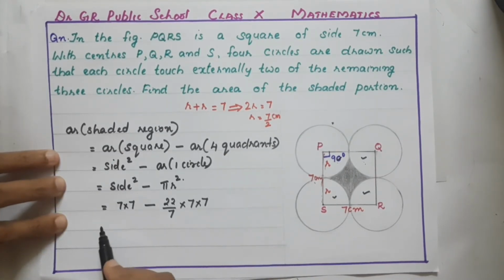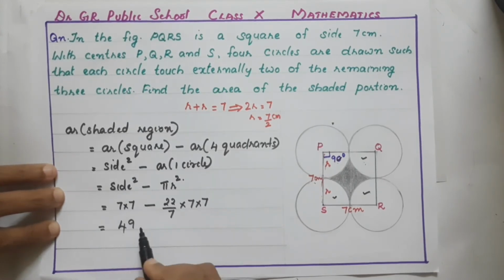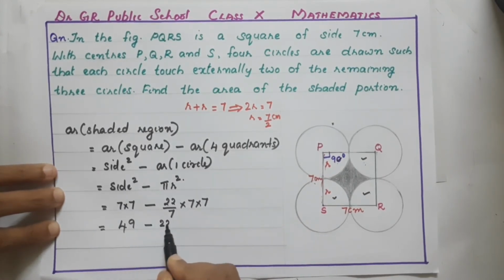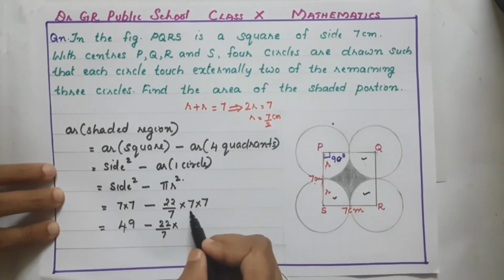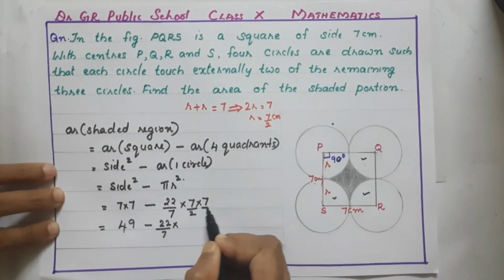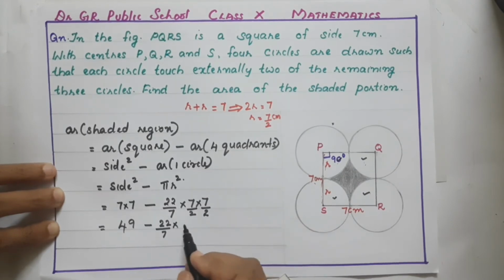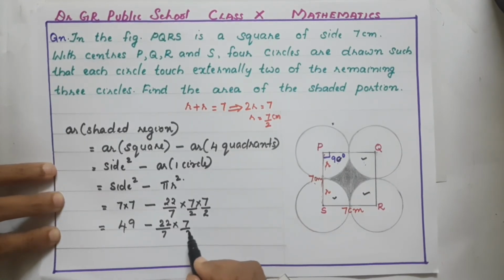Okay children. Now calculation. 7 into 7 minus 22 by 7 into. Okay, here what is the radius children? Is it 7? No, the radius of our circle is 7 by 2. Okay. So 7 by 2 into 7 by 2.